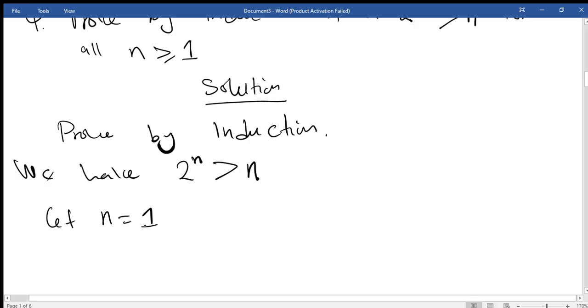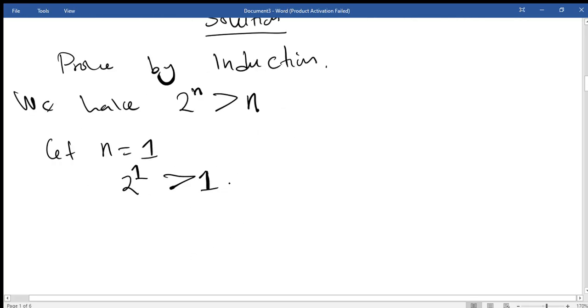If n is equal to 1, we're going to have 2 power 1 is greater than 1. Is this true? This is by default a true statement. Obviously 2 power 1 is just 2, and 2 is bigger than 1, so this is a true statement.